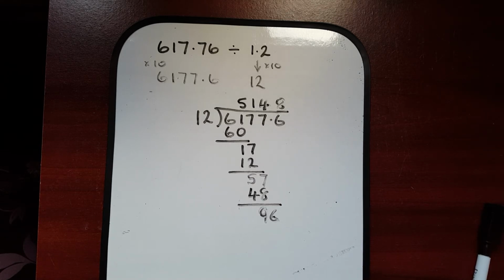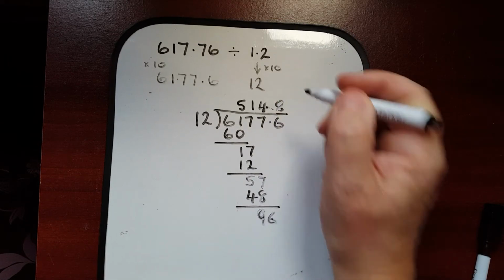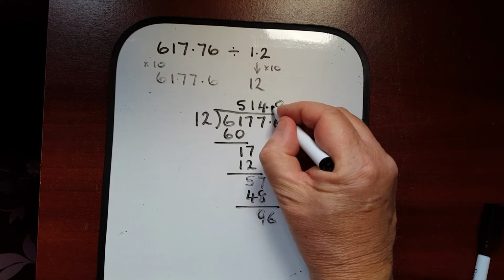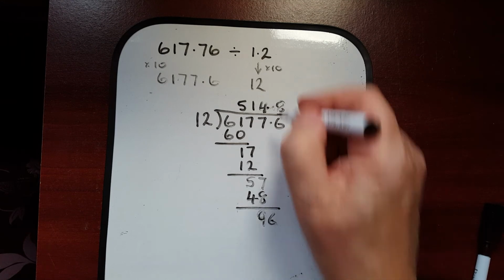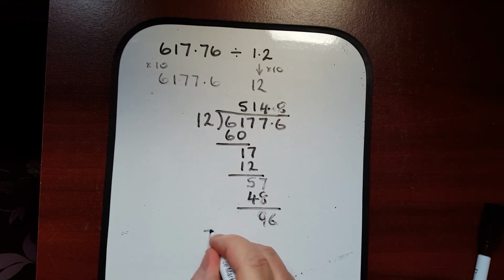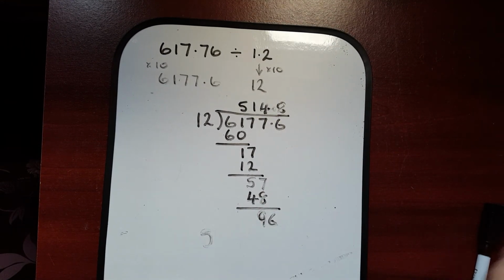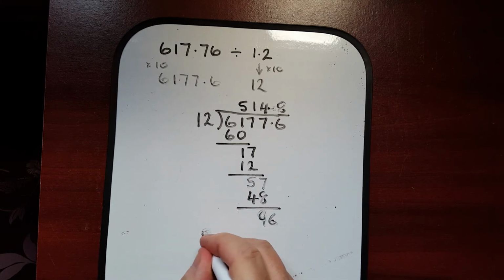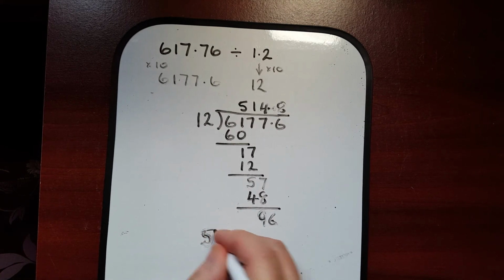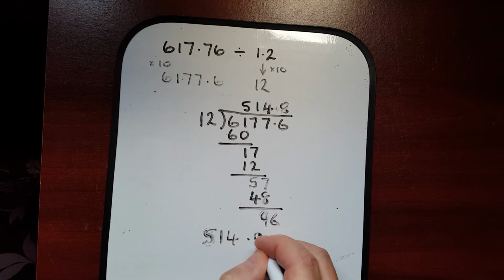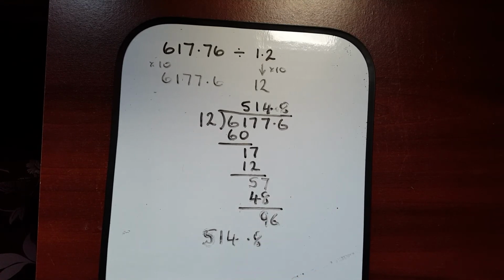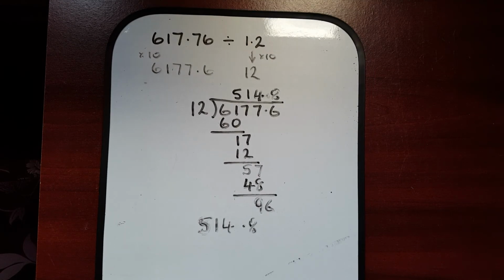The answer is going to be 514.8, because we are going to put the decimal point above where it was in the question. Excuse my pen failing miserably. 514.8. Okay, so that's it. That's completed.